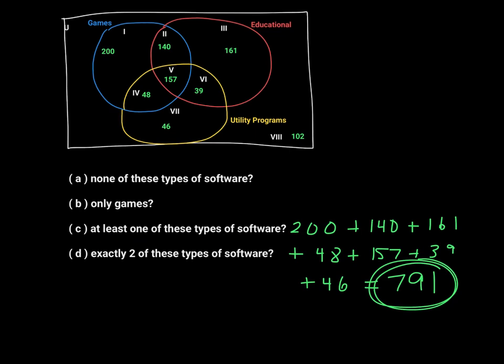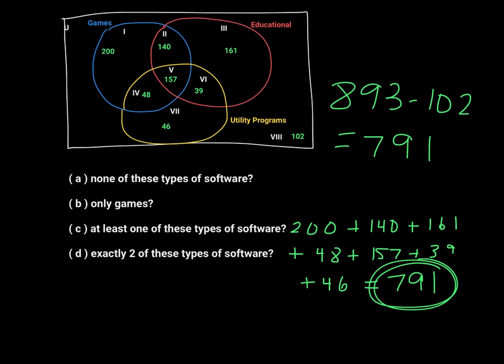It's basically the sum of regions 1 through 7. Another way you could have found that is by subtracting 102 from 893, the total, minus those that didn't purchase any of them, and that would have given you 791 as well.